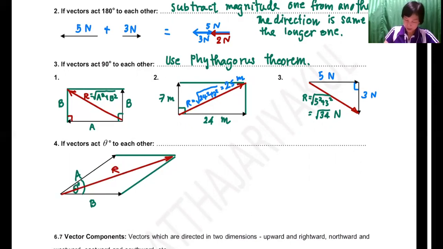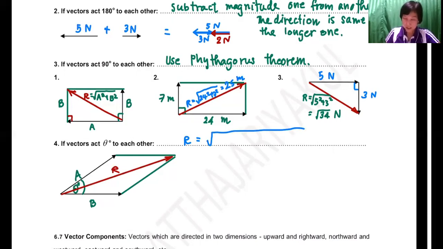The magnitude of this resultant vector will be equal to, we can use this equation. I will tell you the equation. I will not prove it for you because it's difficult for you all because you are all in M3.